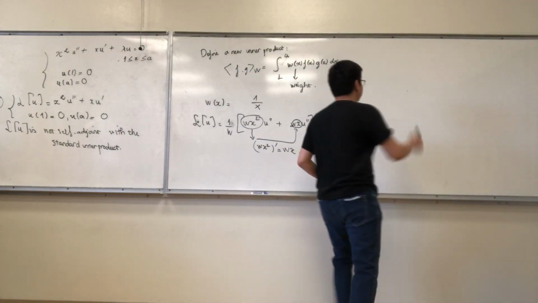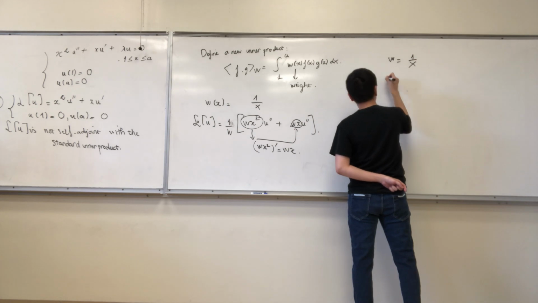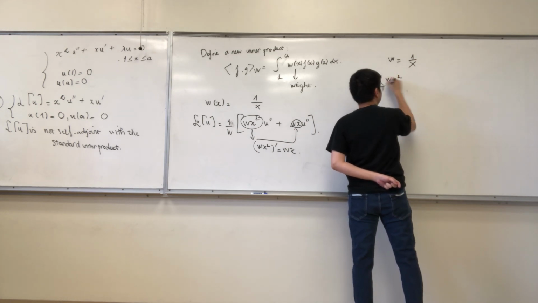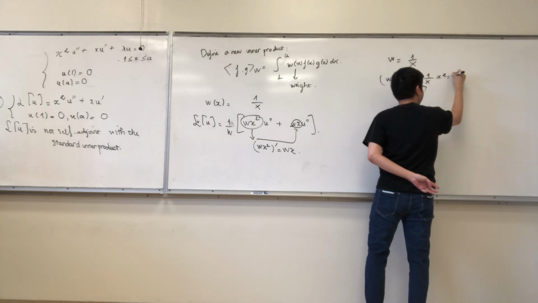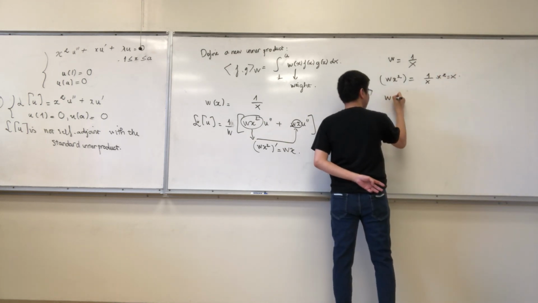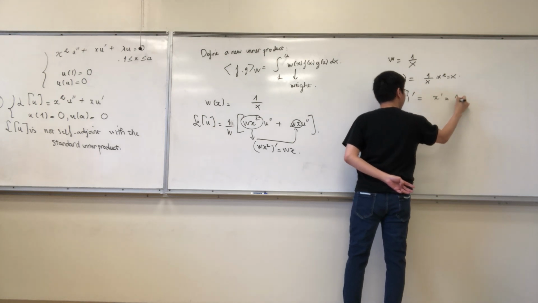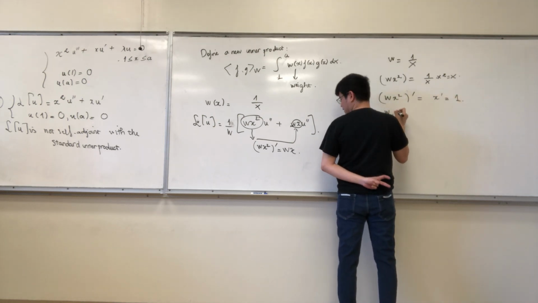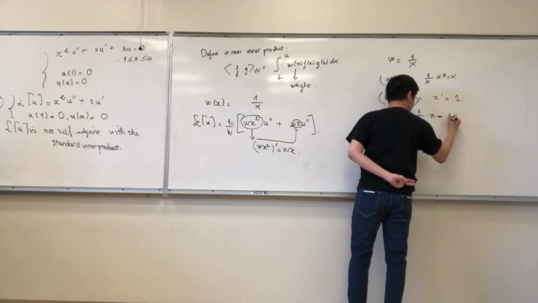Because when you replace w with 1 over x, then w x squared will be 1 over x times x squared, and this is x. So (w x squared) prime will be x prime, and this is 1. So w times x is 1 over x times x, and this is 1.